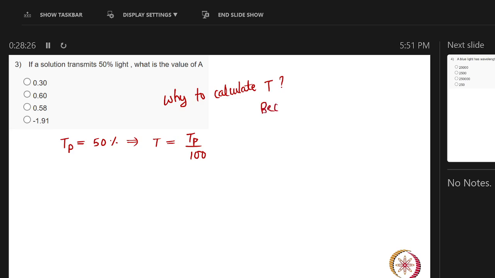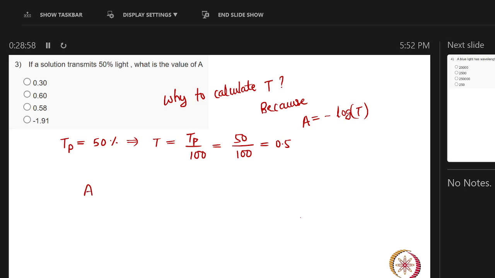Because we saw in the previous slide, as well as in the summary of this lecture, that absorbance is related to transmittance as log of T. So if we can calculate the transmittance, then we can calculate the absorbance. So here we have 50 by 100, so 0.5.